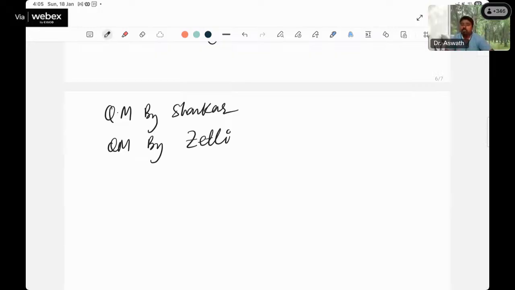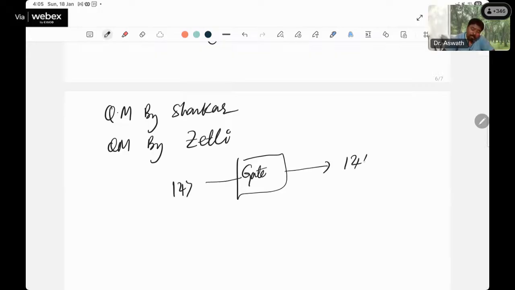When it comes to the answer to your question, please remember, what is a gate? A quantum gate takes some quantum state and sends out a new quantum state. It does some operation.